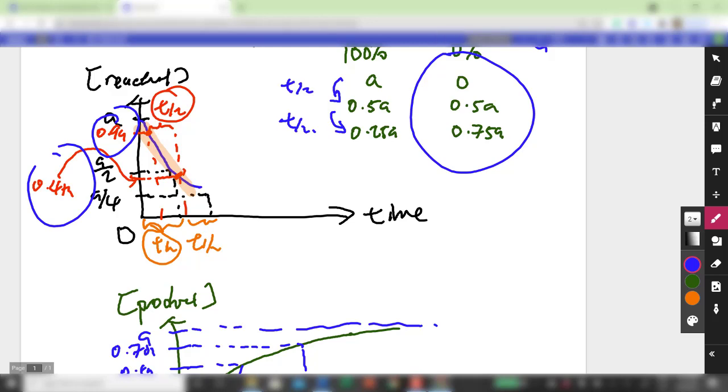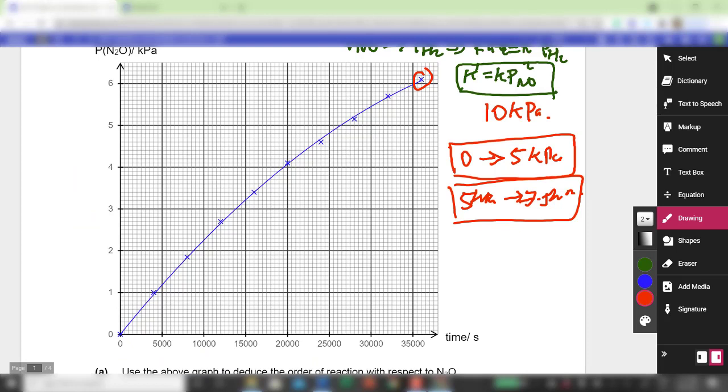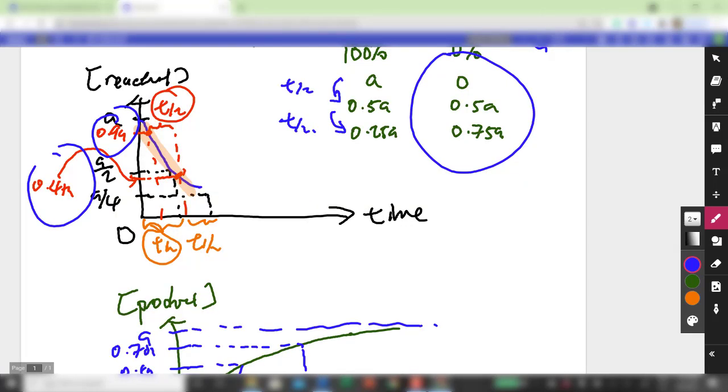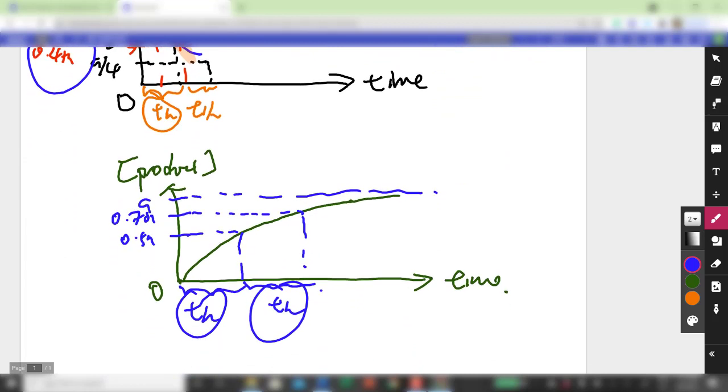So can we do the same thing for product time graph? Yes, we can actually do the same thing for product time graph, but it is not that straightforward. The reason is that I cannot anyhow choose a random point. Meaning I can't choose, let's say, from 0.25 to 0.5. That doesn't work.